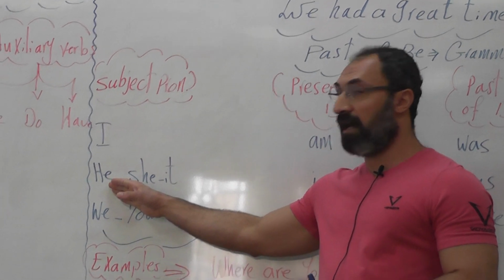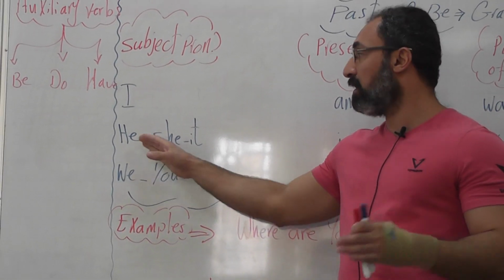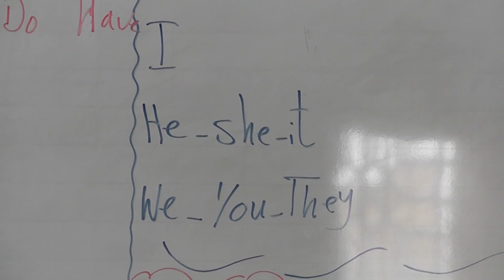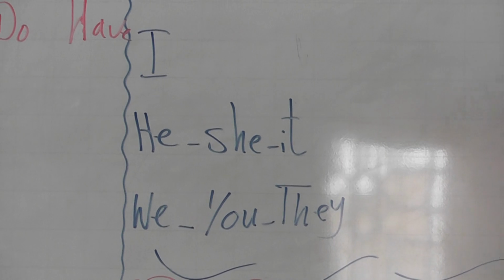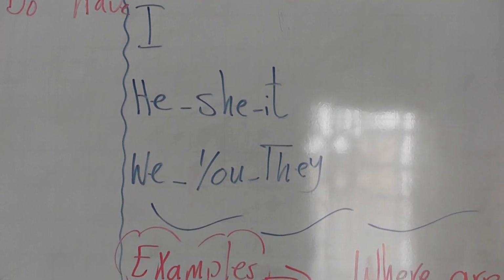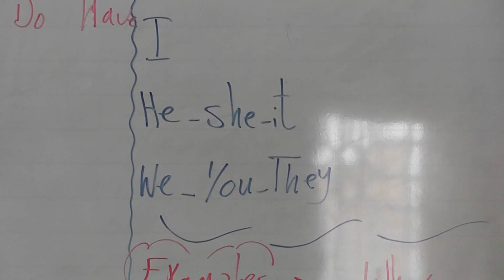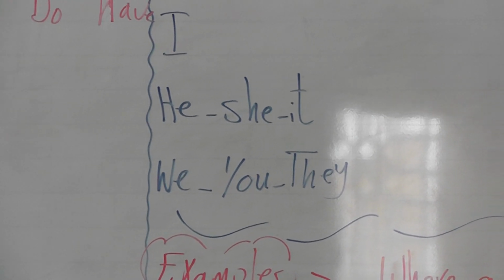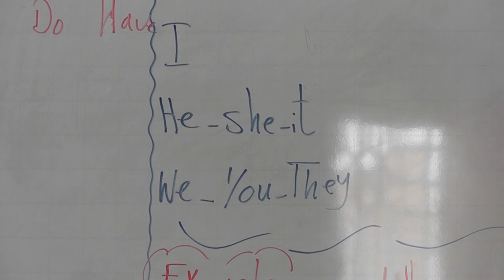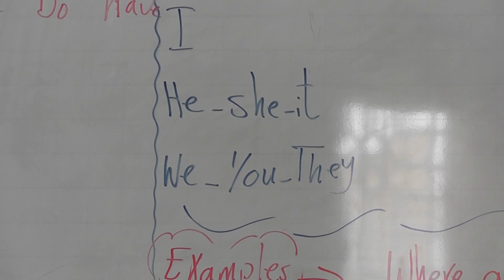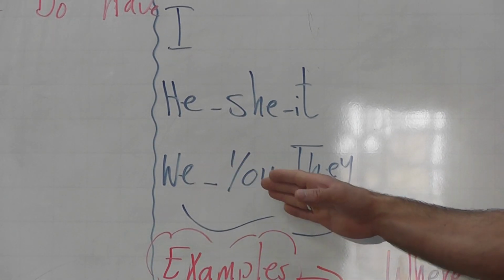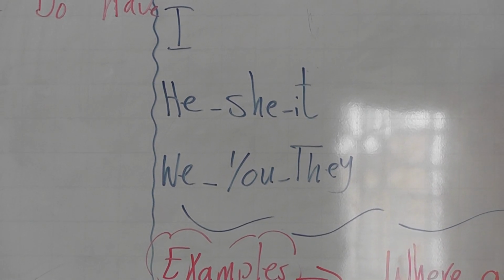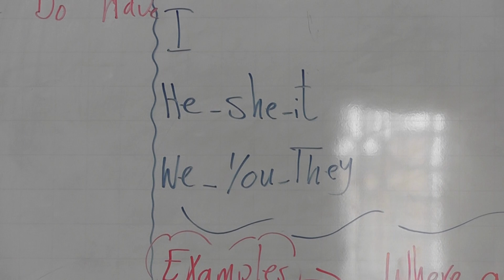He, as for male person, she, as for the female person. Then we have it referring to non-human being, singular pronoun or object. Then we have we, you, they, which might be described as the plural subject pronouns.